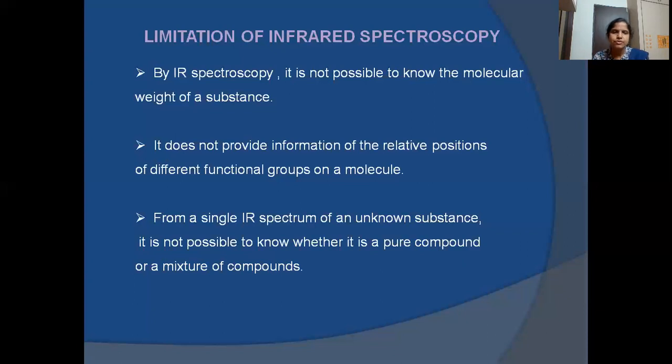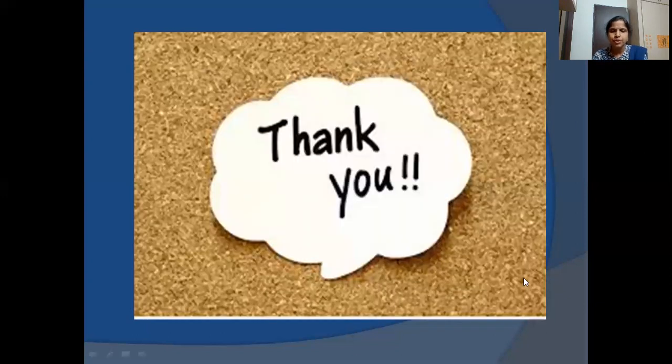The main thing is to consider the intense bands, so interpret all the intense bands first. If you keep on practicing, you can become perfect in the interpretation of IR spectra. And this is the last part, the limitations of IR. I hope you have all understood the topic of IR spectroscopy.